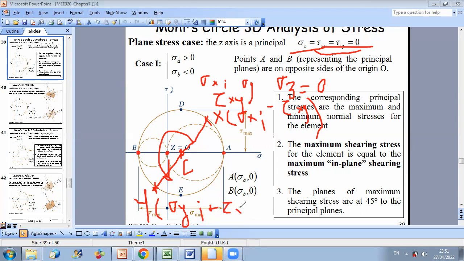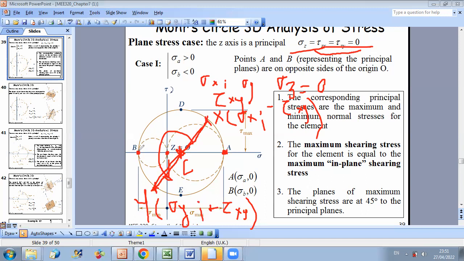Once I put point y, I can determine the diameter of my circle. The intersection with the sigma axis will give me the center, characterized by coordinates (sigma x plus sigma y)/2, 0. And then if I draw the circle, I will have two limiting points corresponding to sigma maximum and sigma minimum, which correspond to the principal axis A and B.